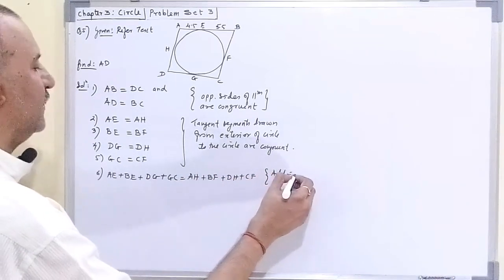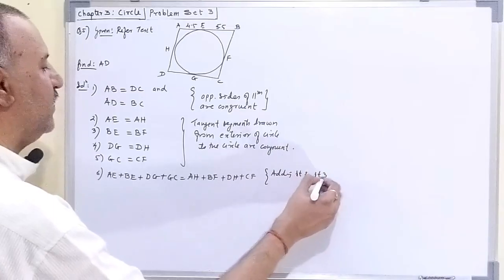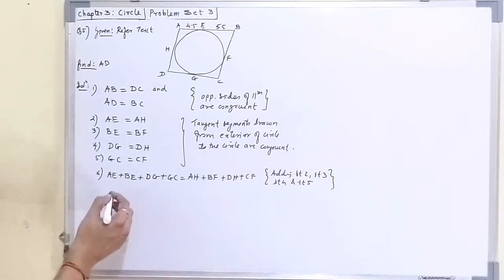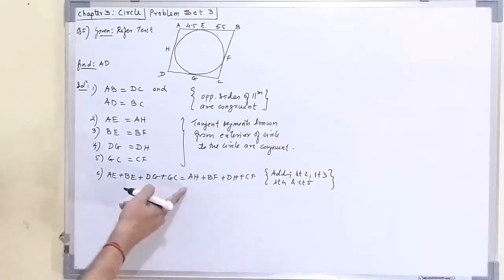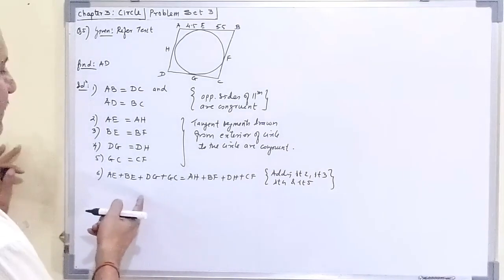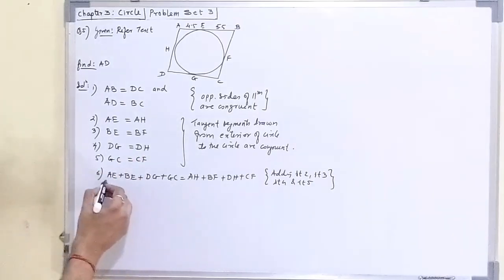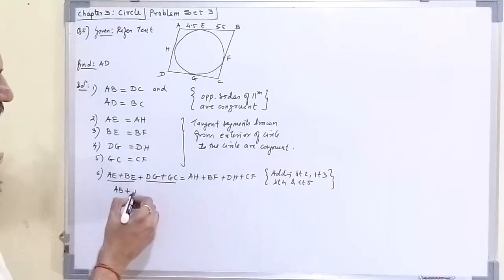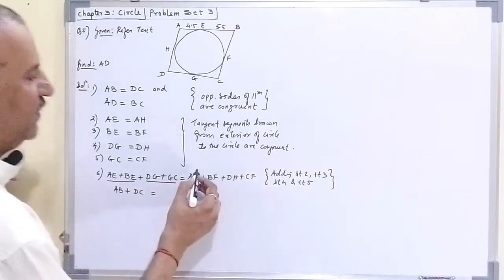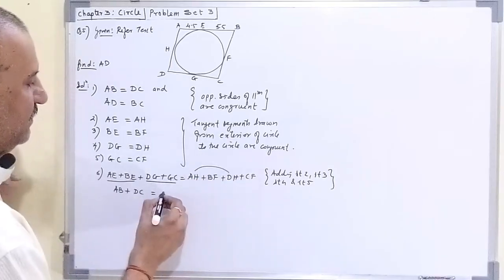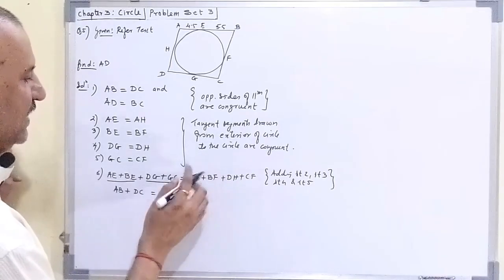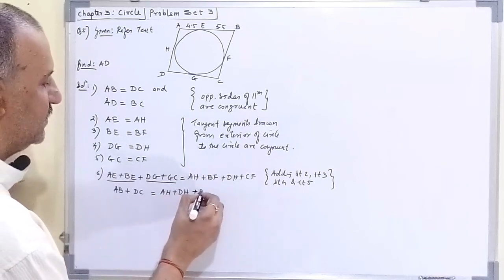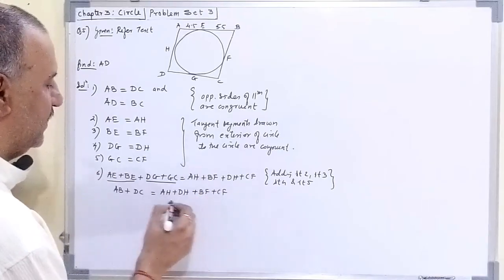Adding statement 2, statement 3, statement 4 and statement 5. Add कर दो. So यहाँ भी जब add करें, देखो ये add होगा. This will become AB. This will become DC. This and this will add, ये तो एक बार एक साथ लेते हैं: AH plus DH plus BF plus CF. Then you take this.